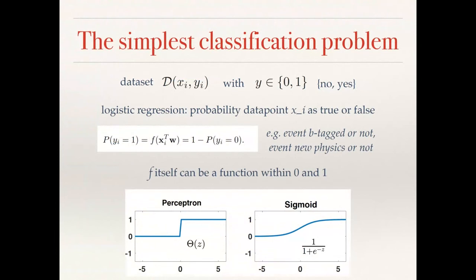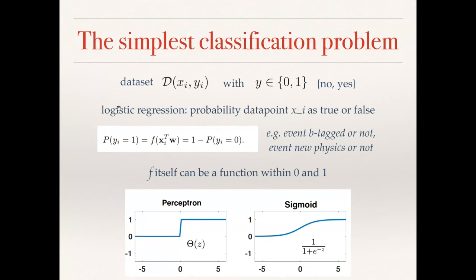The simplest classification problem, and here I'm just going to say it very quickly because that's what we are going to discuss tomorrow, is a binary problem in which, given a data set, we have the inputs being whatever, PP collisions, X-ray images, and the output is the classification, yes or no, like is B tag or not B tag, or the event you show me is new physics or Standard Model.